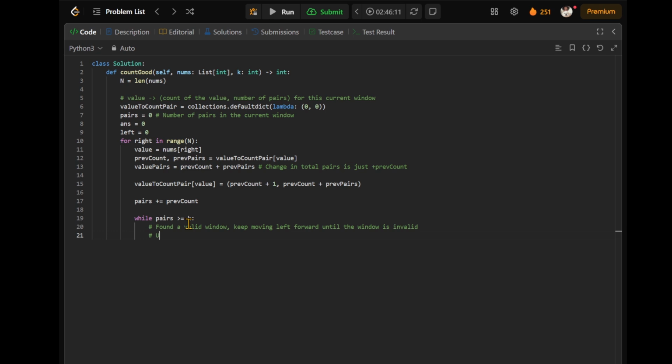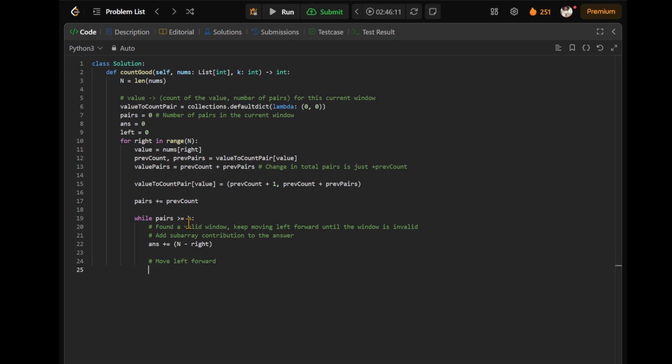We also want to add the subarray contribution to the answer each time the left pointer moves forward. So we're adding n minus right, which is the number of subarray contributions. And then now we move the left forward.